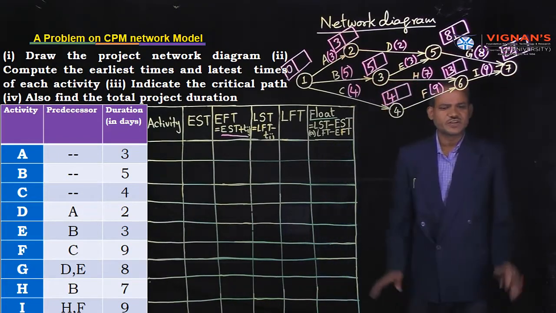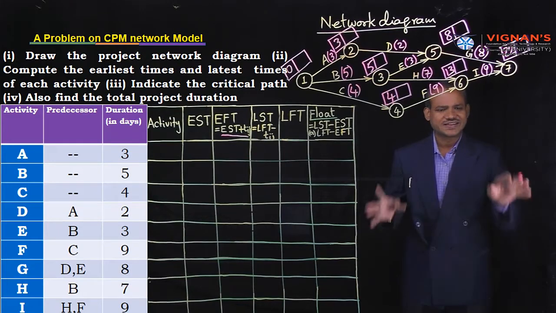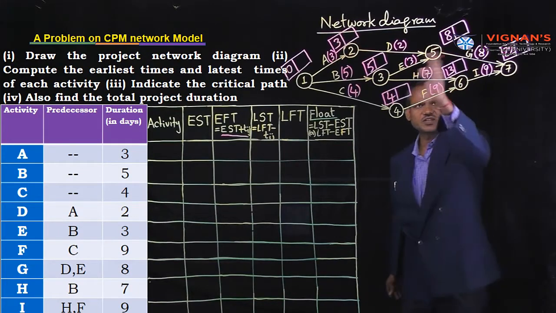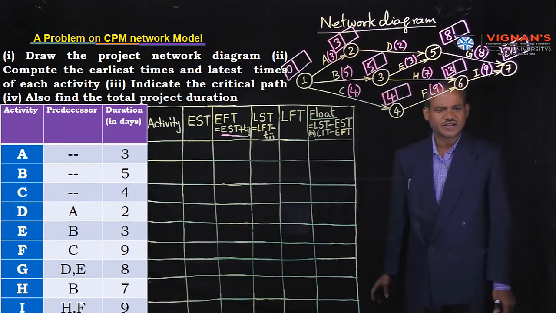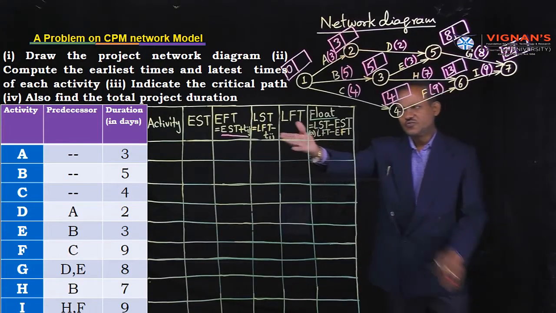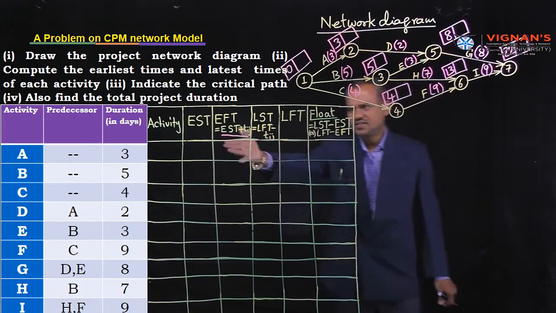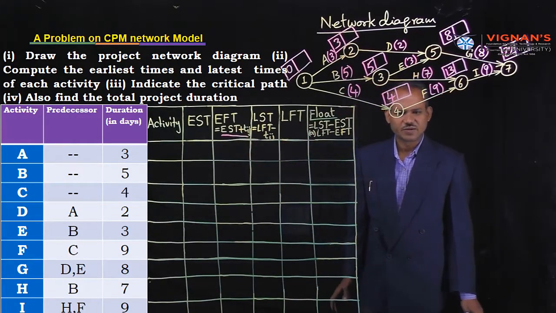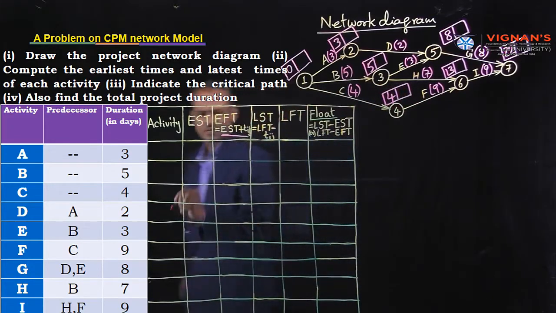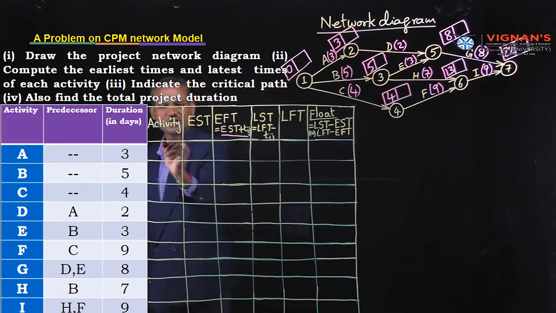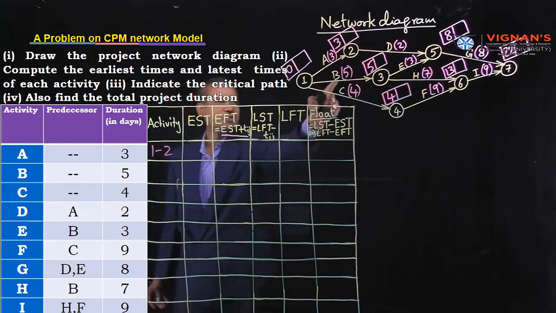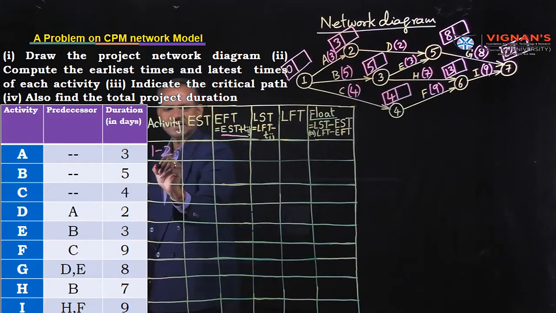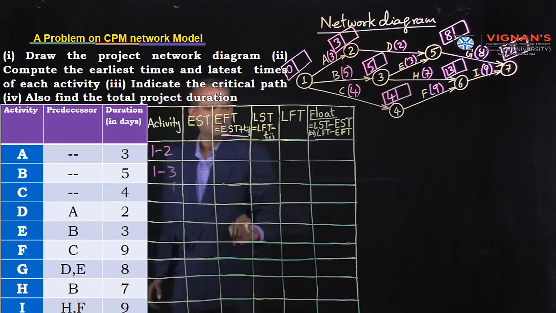Now we have completed all the earliest times. We have shown them on the network diagram. Similarly, we are going to fill this table. Activity A means 1 to 2. Next activity B, B means 1 to 3. In terms of nodes we are writing.